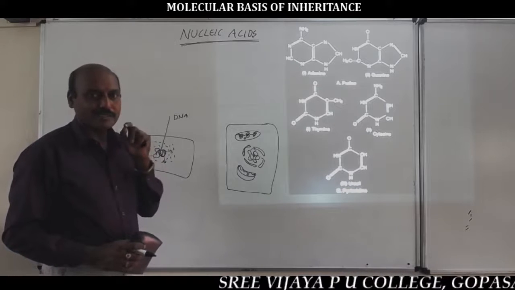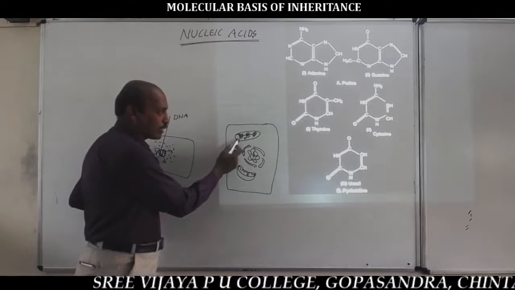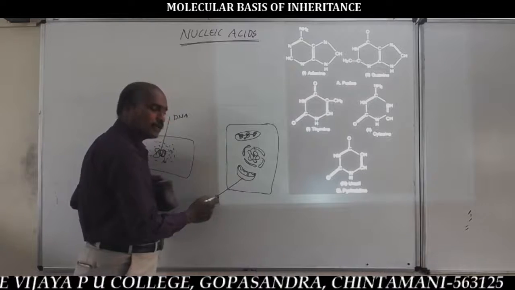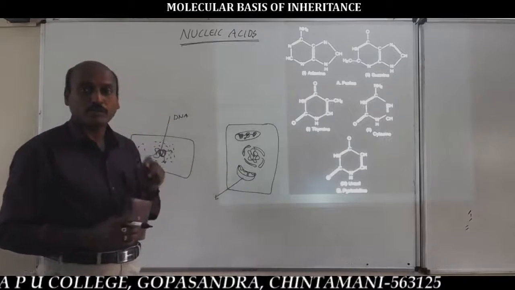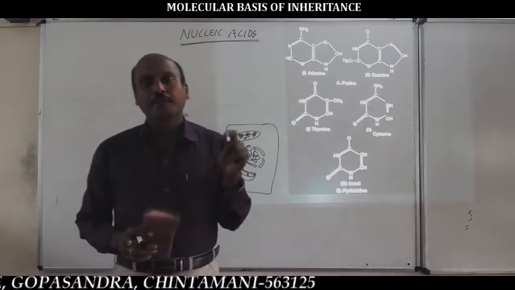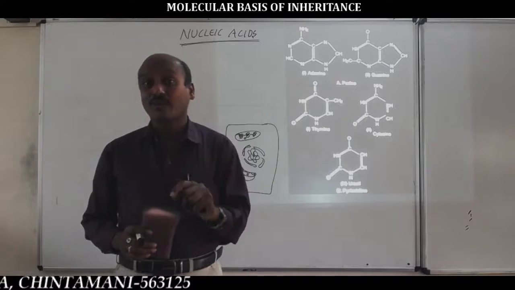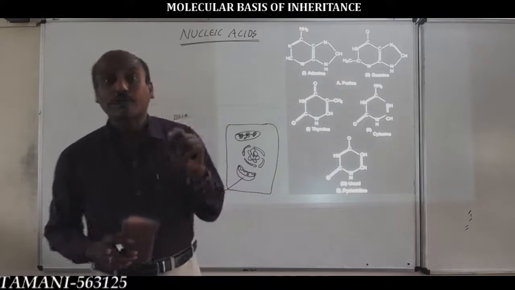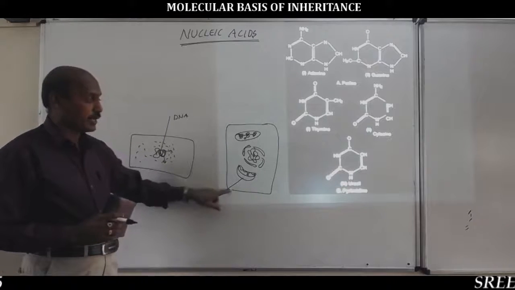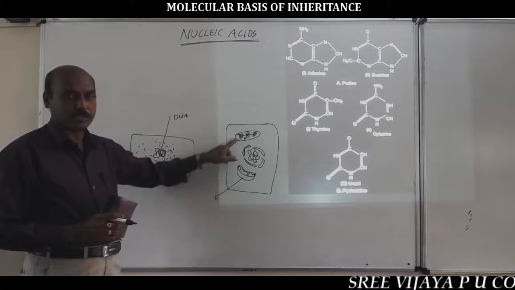Important: such circular DNA present in cell organelles like chloroplast and mitochondria is responsible for inheritance of cytoplasmic characters. You should remember this point. The inheritance of cytoplasmic characters takes place with the help of DNA present inside the mitochondria and chloroplast.